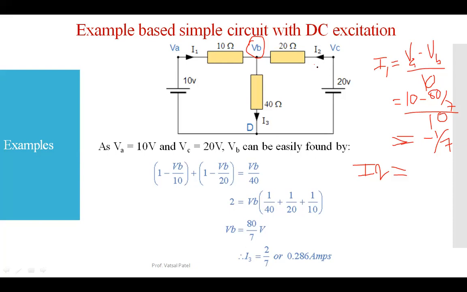Okay, Alfred said 3 by 7, Basera said 6 by 7. Okay, I will show you the answer here.